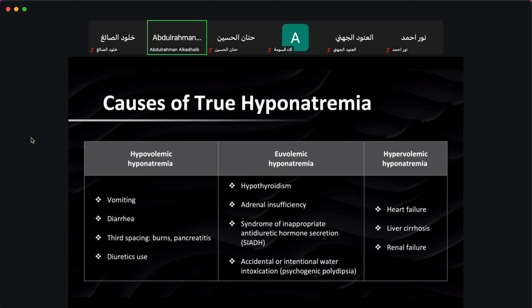In cases of euvolemic hyponatremia, in which the patient will present with euvolemia or normal body volume, we may see this condition mainly in endocrine causes like hypothyroidism, adrenal insufficiency, and the syndrome of inappropriate ADH secretion. Just a quick question about this syndrome. Do you remember if the ADH is expected to be high or low in this syndrome?